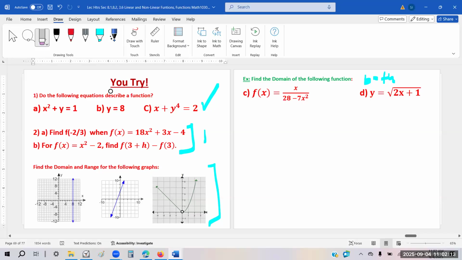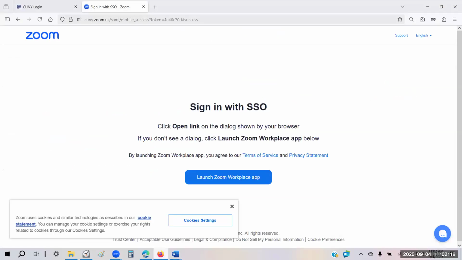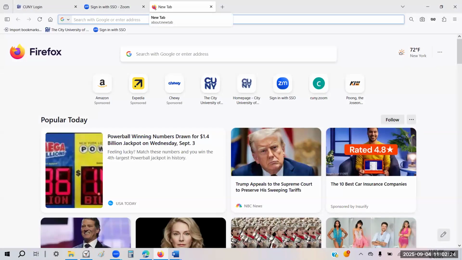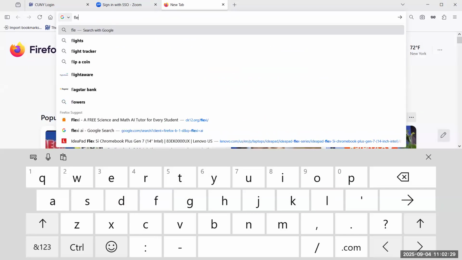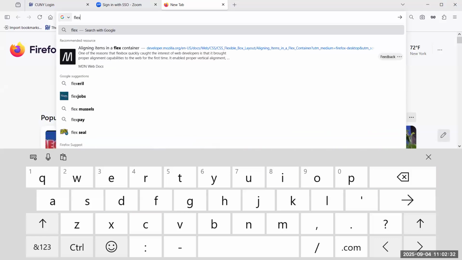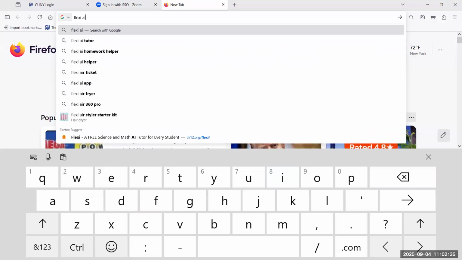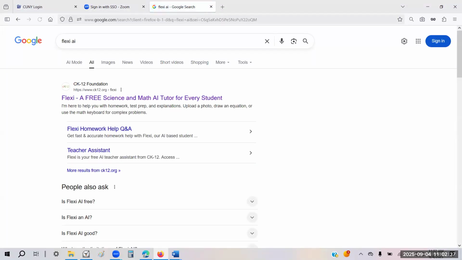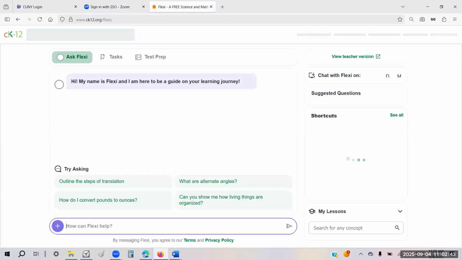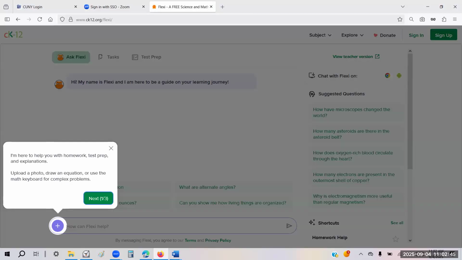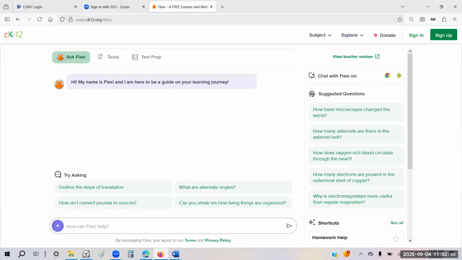If you have no idea what to do, please use, let me show you again if you haven't used it before. My favorite one is, actually both of them are favorite. Flexi AI. It's from CK-12 organization. If you want, you can sign in, but it doesn't require signing in.